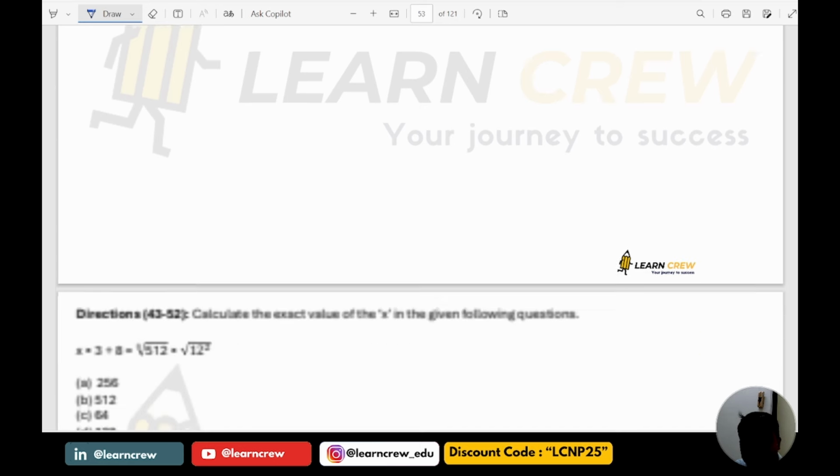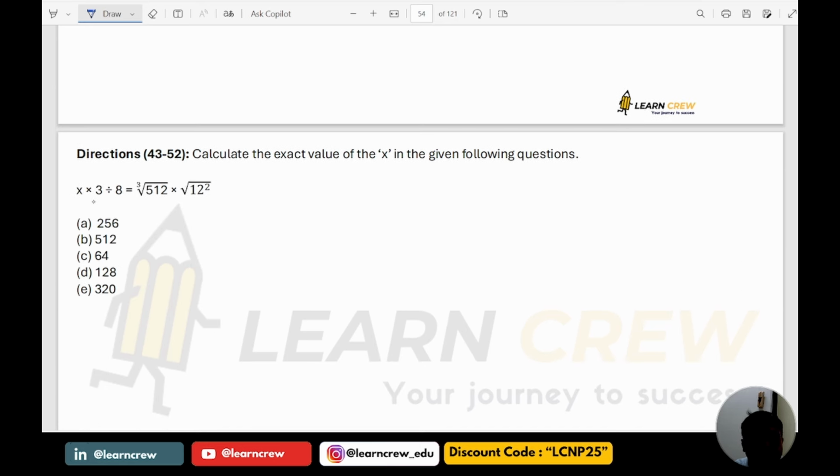Option B. Next. X into 3 divided by 8 is equal to how much? Cube root of 512.